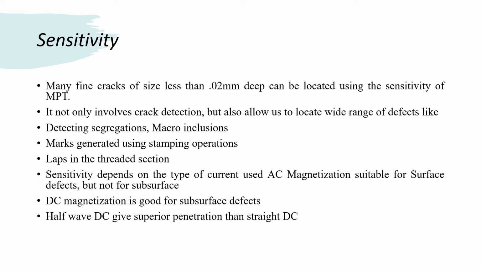AC magnetization is not effective for subsurface defects. AC is most effective for the surface defects, but it is not effective for the subsurface defects. DC must be used for the subsurface defects.